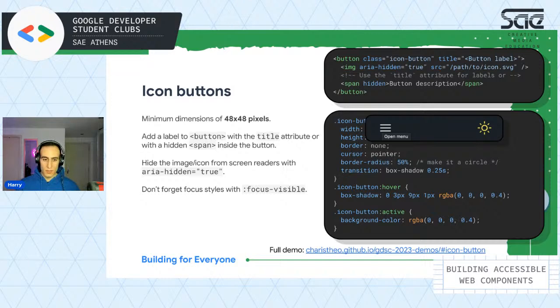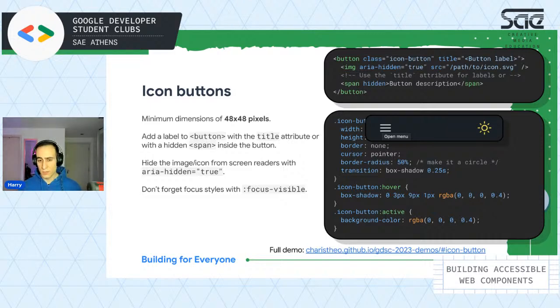There's one thing that we usually forget, which is the 48 by 48 rule for keeping the size of any interactive element. So providing enough width and height of 48 pixels for any element that we can interact with on the page allows better accessibility, especially on smaller devices when it's hard to click around.